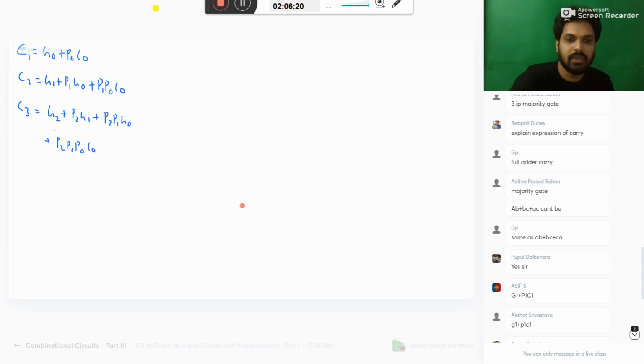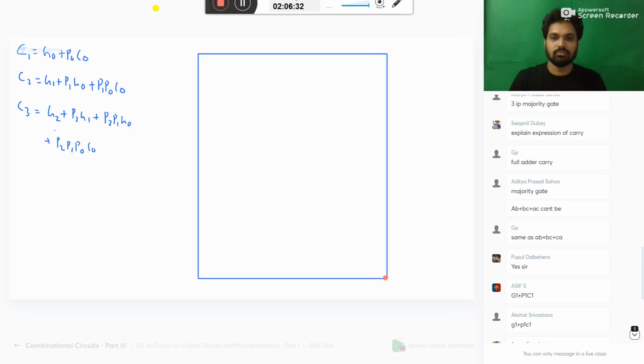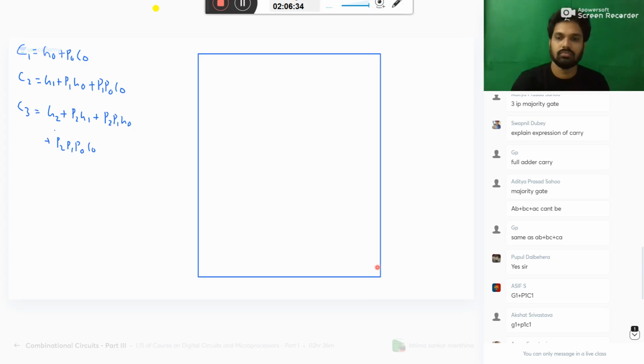Now let's make this carry generator circuit.